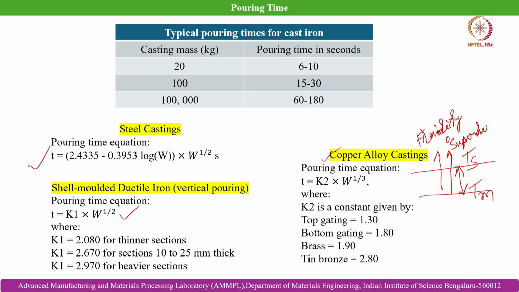As the superheat increases, fluidity increases, and that in turn decreases the pouring time. So there are several factors which play a role, and the pouring time of a casting is basically the combined effect of all those parameters. The complex interplay of the various process conditions determines the pouring time of the metal for a particular casting on a case-to-case basis.